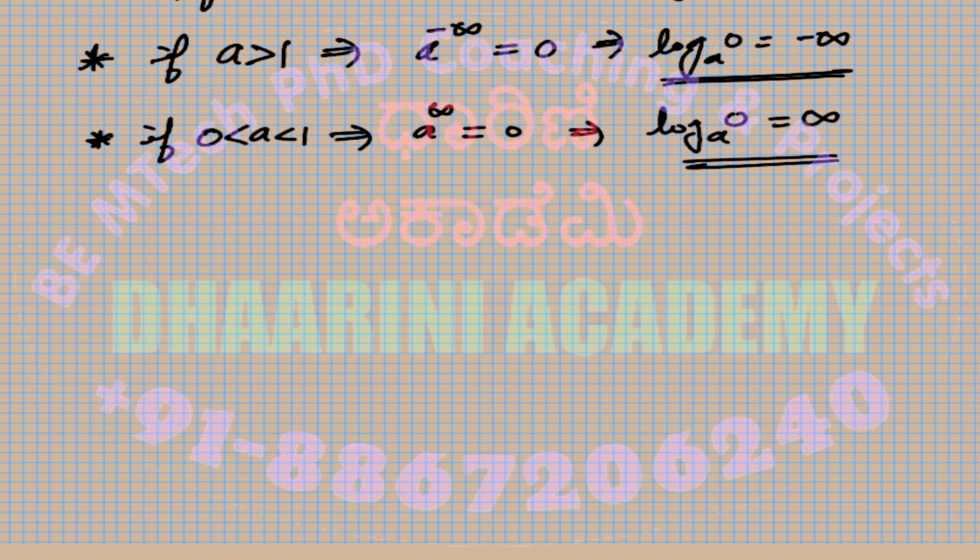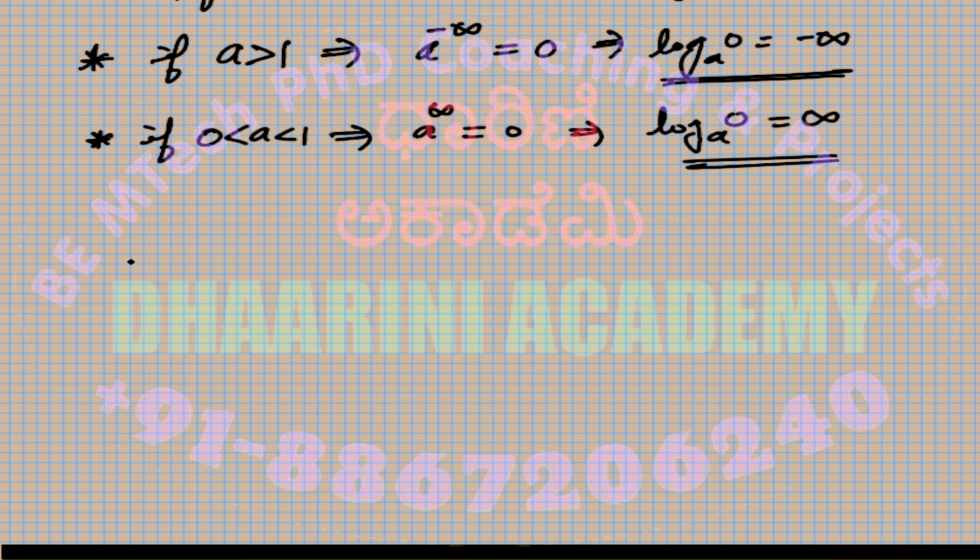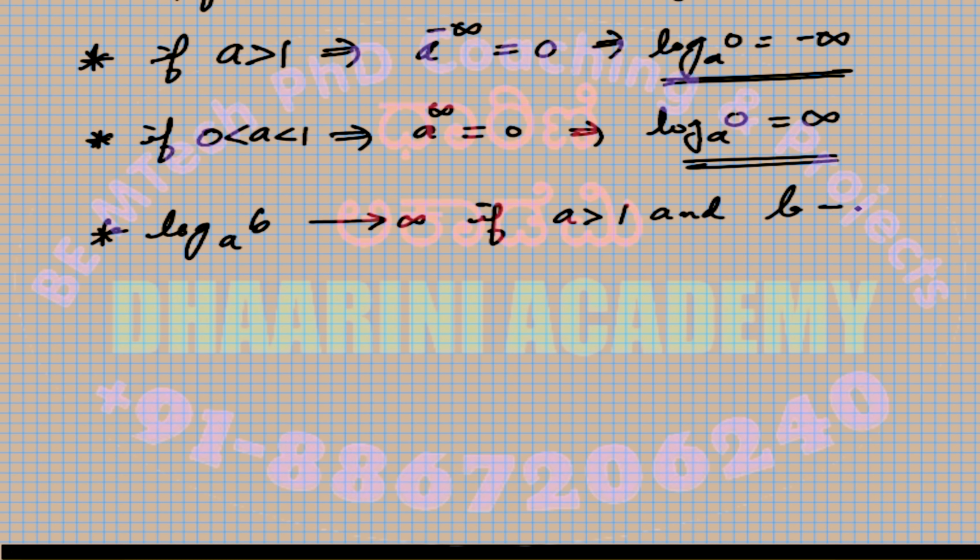All right, let's move further. The next important point related to this is log of b to the base a tends to infinity. It is not infinity, it goes closer to infinity. It becomes a very large value if a is greater than 1 and b is going close to infinity. B becomes large means the log is also very large.